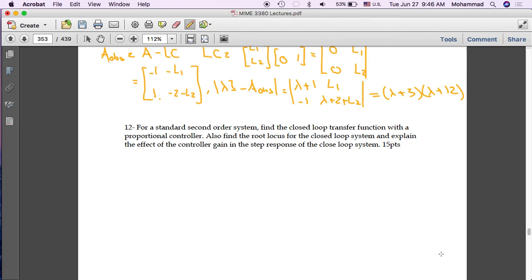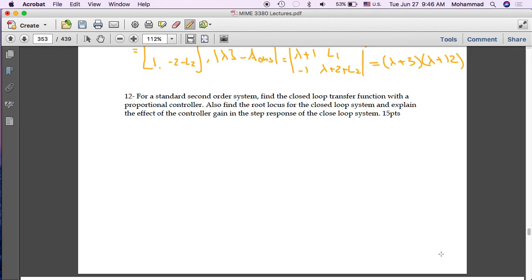And question number 12, I believe this is the last question. For a standard second order system, find the closed loop transfer function with a proportional controller. This means output feedback. Also find the root locus for the closed loop system and explain the effect of controller gain on the step response of the closed loop system.